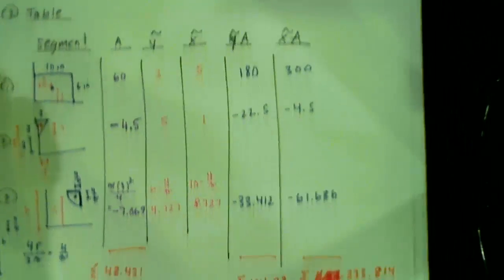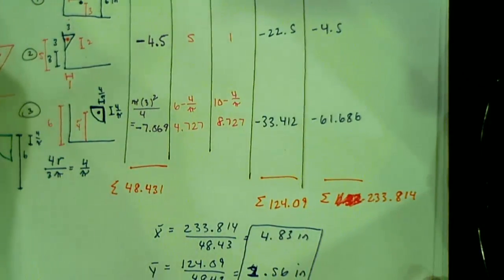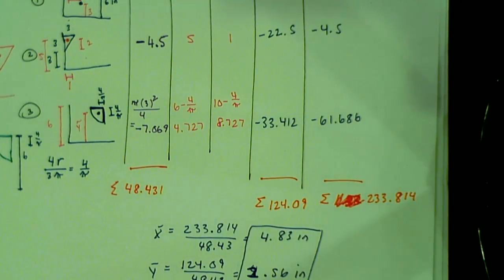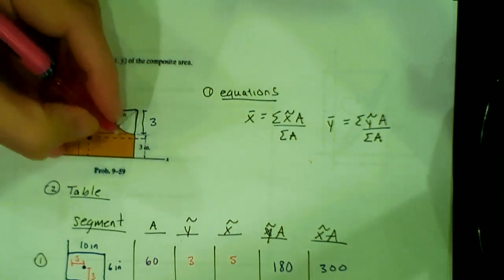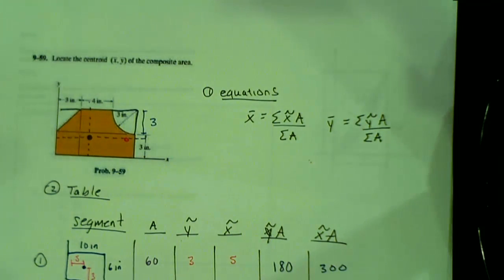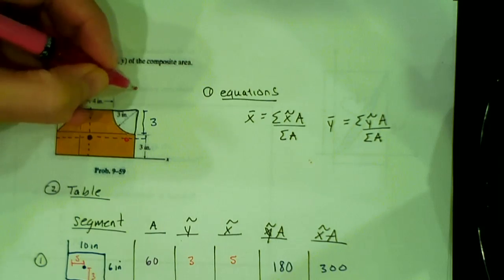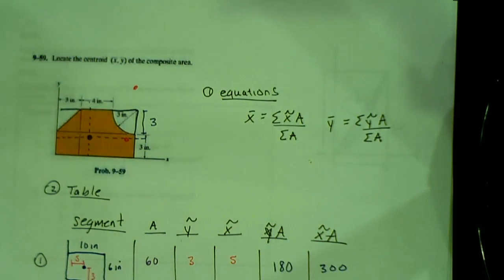Question. If you ever got a result that didn't make sense, does that mean that you did the math wrong, or does that sometimes just happen? Generally, that probably means you did the math wrong. For example, if we found that our centroid was over here on this edge, that doesn't make sense.